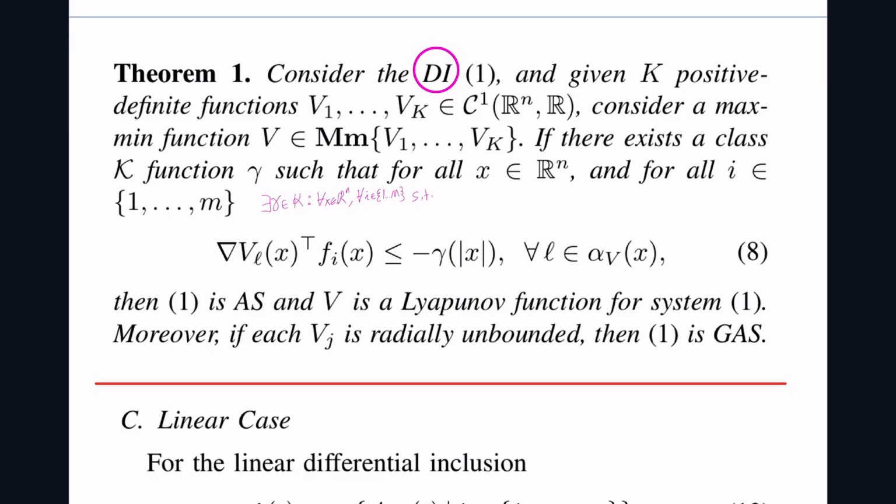Okay, and then a continuous differentiable function from Rn to R. Consider a MaxMin function here, where you have V1 to Vk as being basis functions for that given specific function class. If there exists a class K function, again, this gamma function, we are familiar with this type of notation, and for all x and for all i, right?